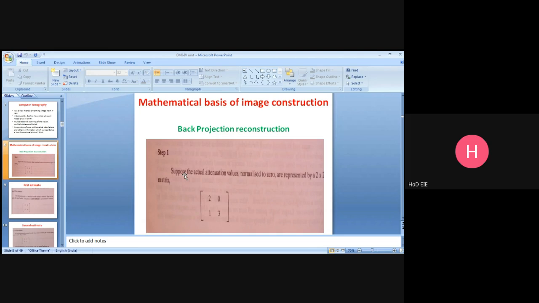It is actually a measure of the attenuation that is present at the upper right hand corner of your matrix.